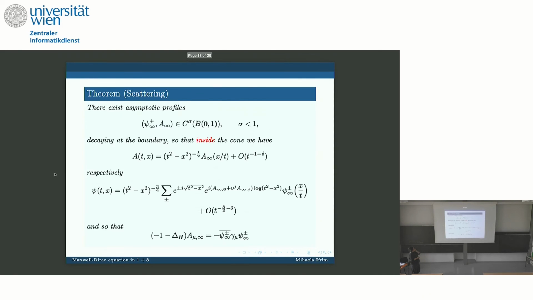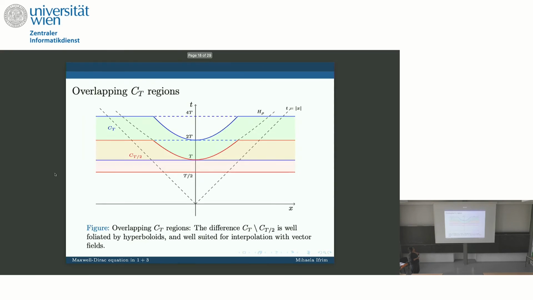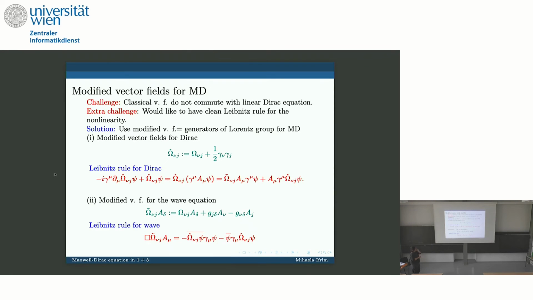We decided. So this is going to be the vector field that Georgiev had in his paper. You take the regular vector field that we had under the name of Lorentz vector fields, and then you correct it so that it commutes with the linear part. But then, as you can see, I pass it over, but then I have to apply it to the nonlinearity.